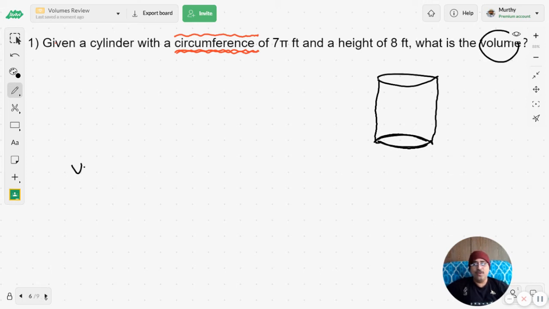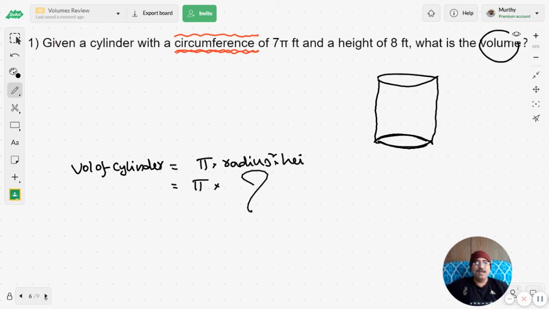I know that the volume of a cylinder equals pi times radius square times height. So what is the radius? I don't know, because the radius is not given and the circumference is given, so I cannot take the radius here.